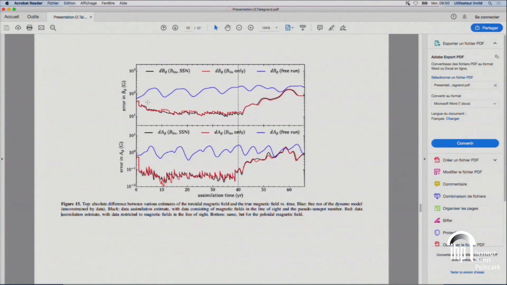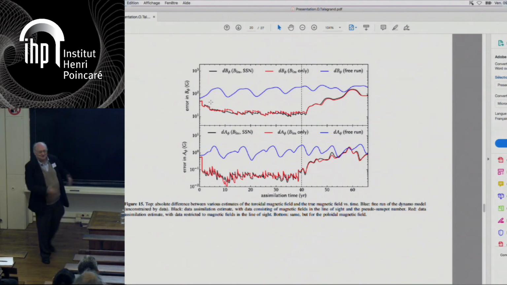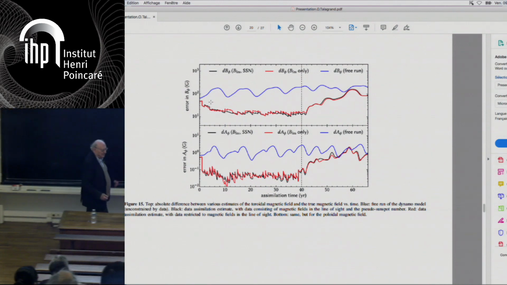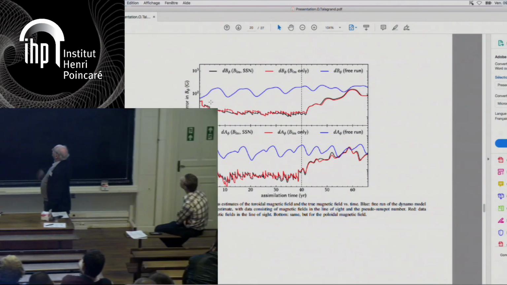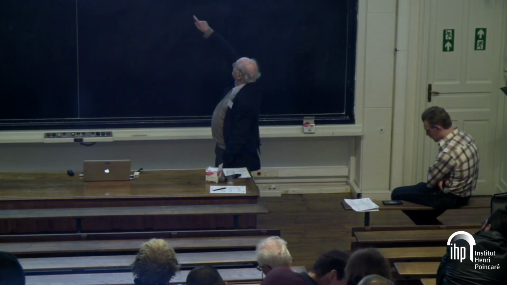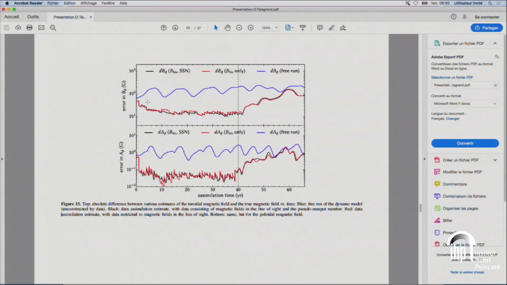Incidentally, implementing variational assimilation in this nonlinear system turned out to be, frankly, much more difficult than what I thought. When I experimented with the atmosphere, I thought it was just what we are realizing. It was not. It was difficult to implement. These are results again for simulations over 40 years. The blue curve corresponds to an integration of the model in which no observation was introduced.